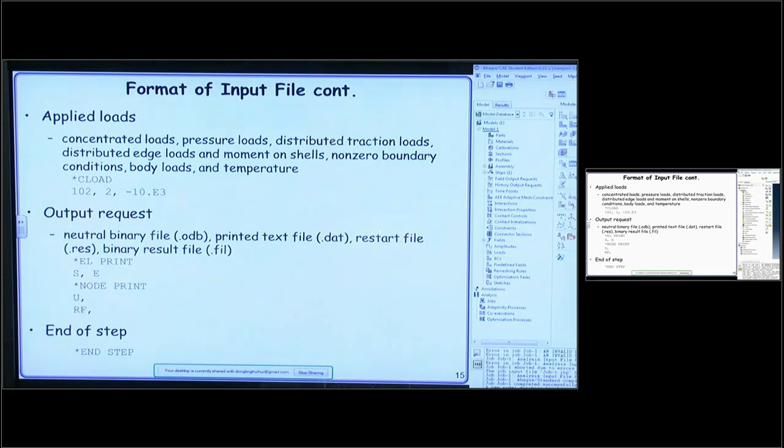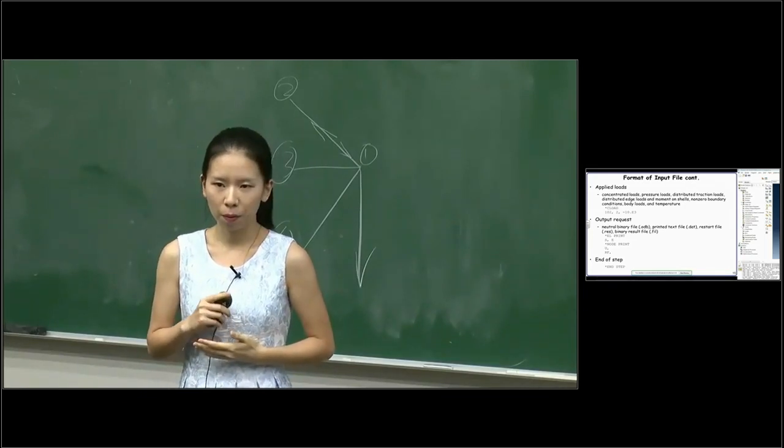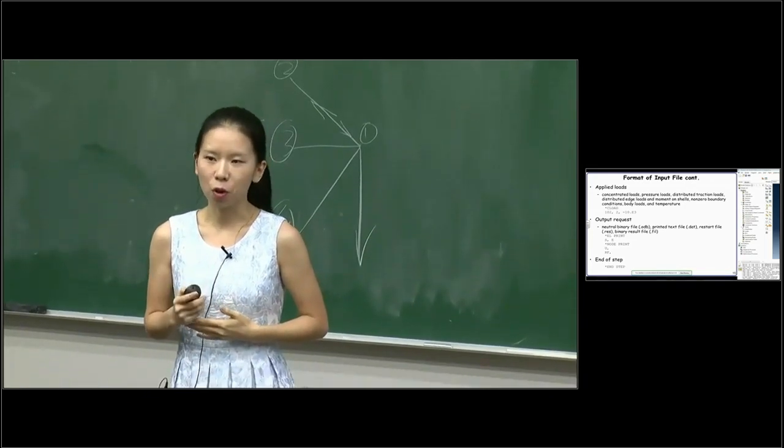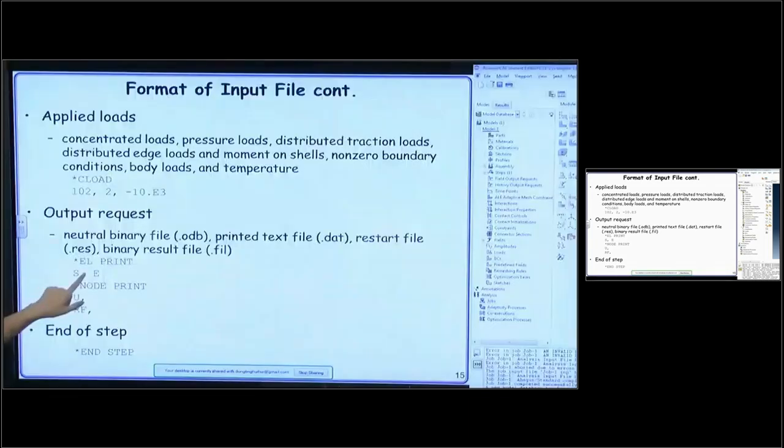I remember I said last time, when you need to print out the stress information, you need to use the integration point, right? So element print, S means stress, E means strain. And this result should be printed out at integration point.